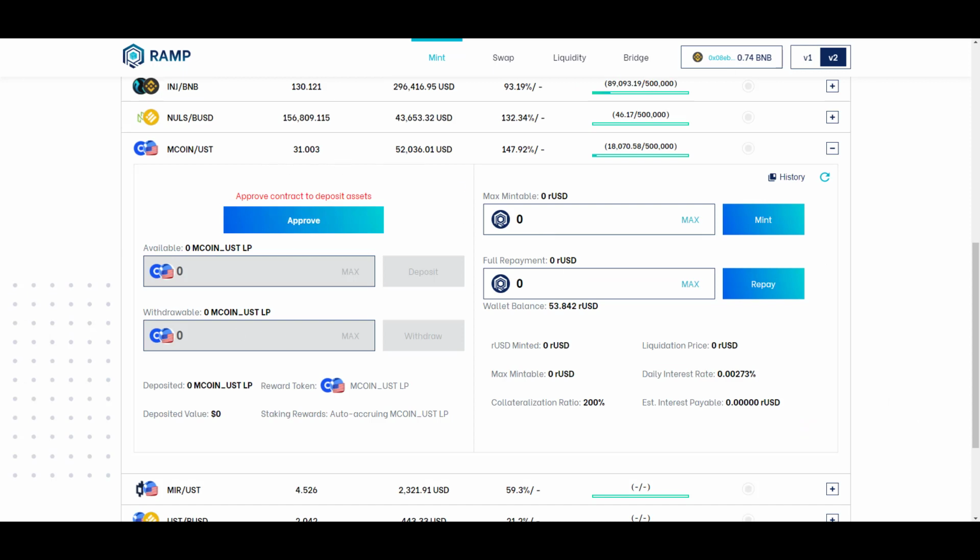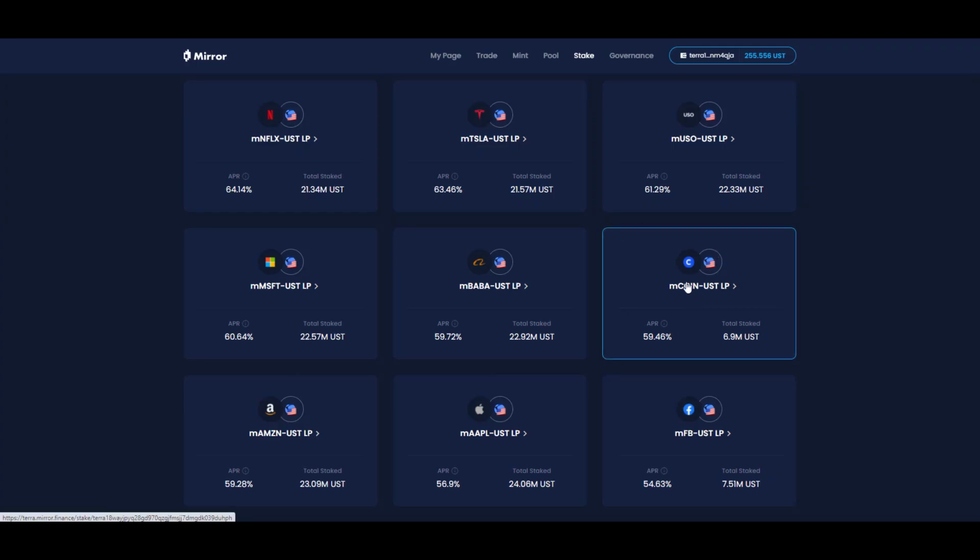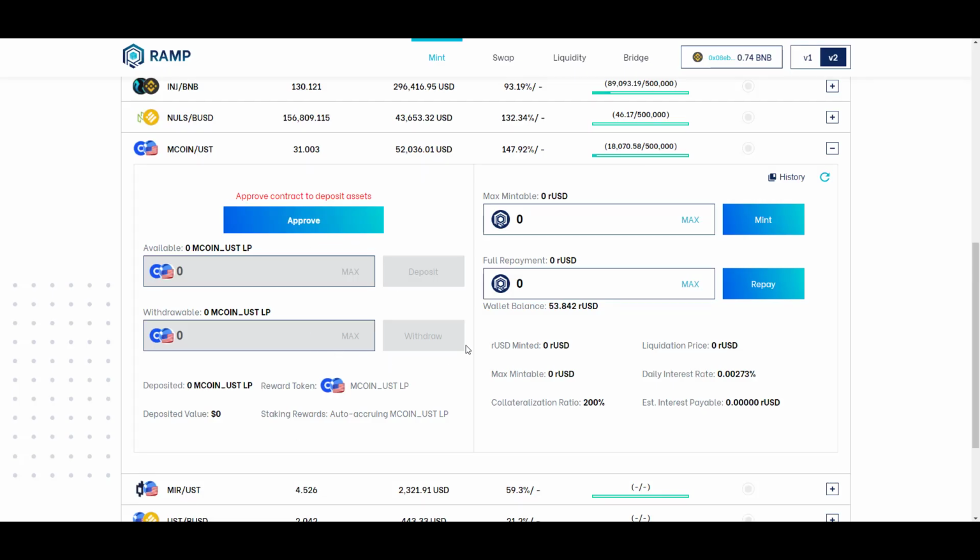And the advantage of depositing your LP here versus the MIR protocol is that the yield here will auto compound. The yield here on the MIR protocol will get distributed in the MIR token, which then you would have to manually sell for mcoin and UST and redeposit. Here on Ramp DeFi, the process is automated, so the yield will continue to auto compound as long as it's deposited here in Ramp DeFi.